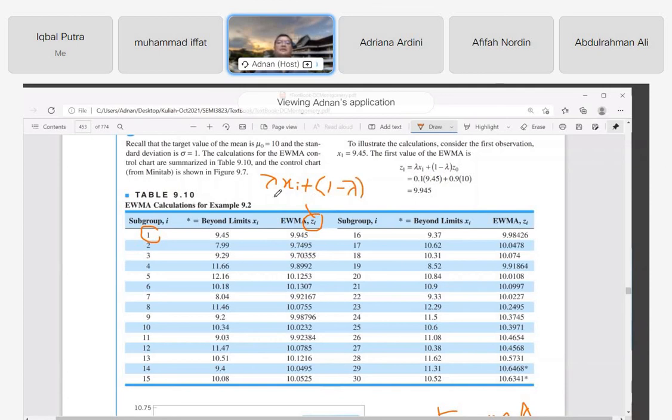If you have 0.1 here, here it is going to be 0.9, multiplied by the previous Z. For the beginning, it will be Z0. For example, here is Z1, go to this. When you have Z2, this one becomes Z1. So keep continuing calculating until you have all the values, and then just plot.